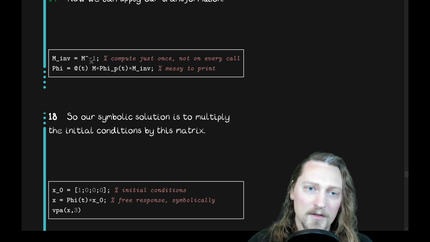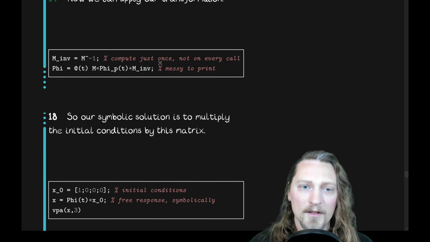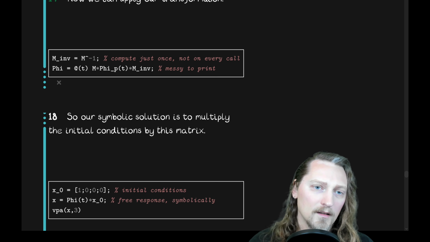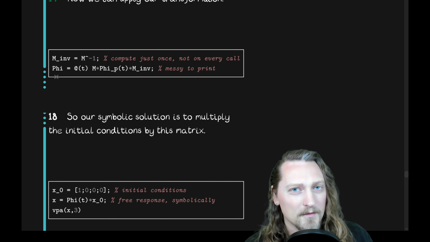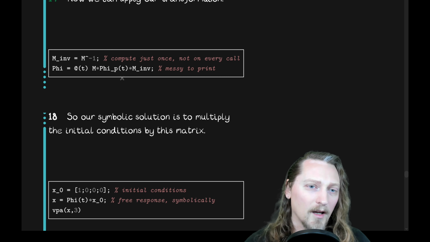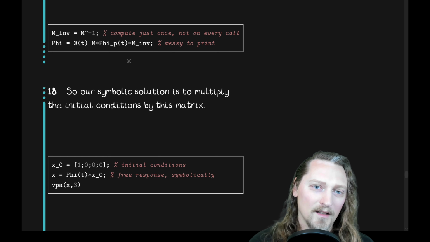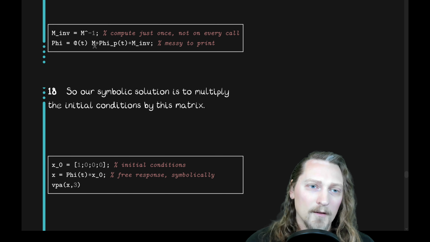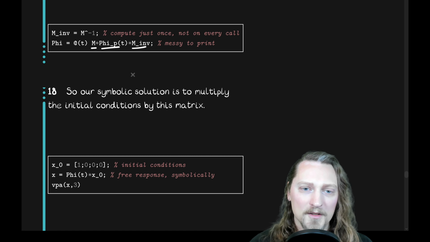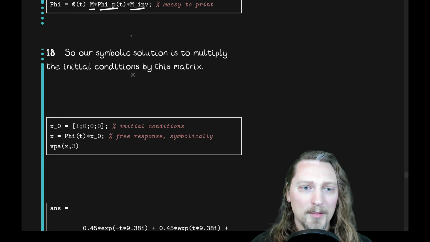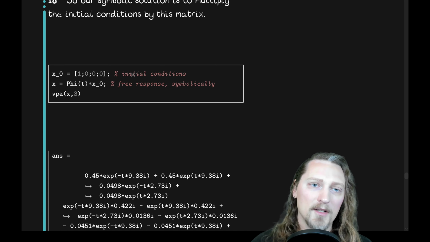M inverse, let's compute it once outside of the definition of phi so that we wouldn't be calling it inverse every time. MATLAB is very efficient at doing this, but it's good practice to pre-compute an inverse like this. And we do m phi prime, m inverse to get phi.